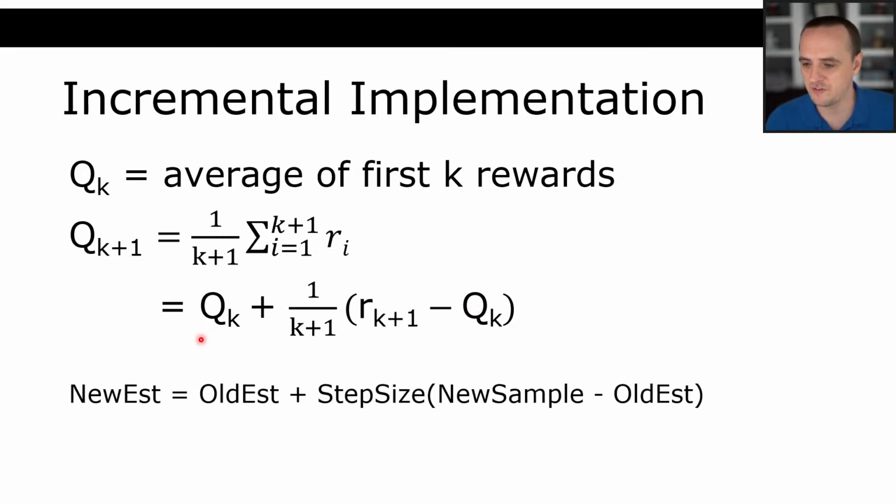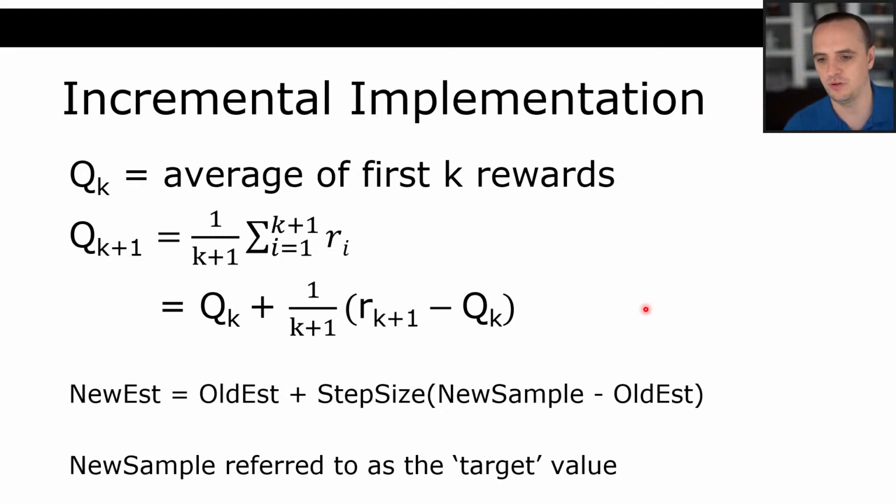And so what we have here is the new estimate, Q_(k+1), equals the old estimate, Q_k, plus this term right here, which is called a step size. We'll talk about that in a bit. And that is multiplied by the new sample minus the old estimate. The new sample is referred to as the target value.